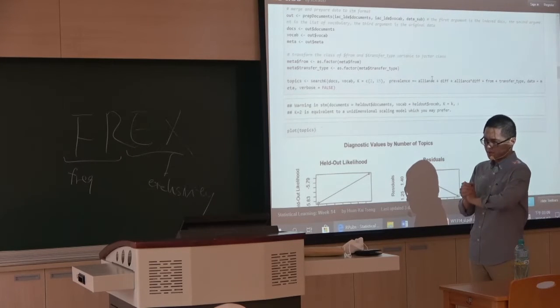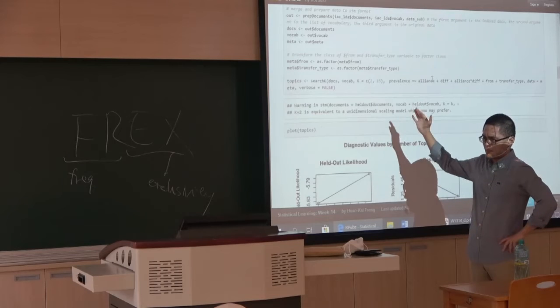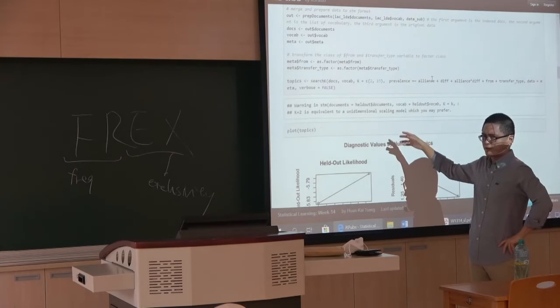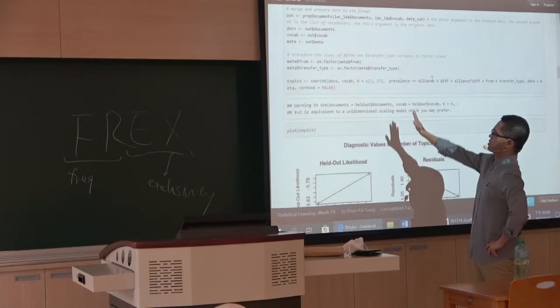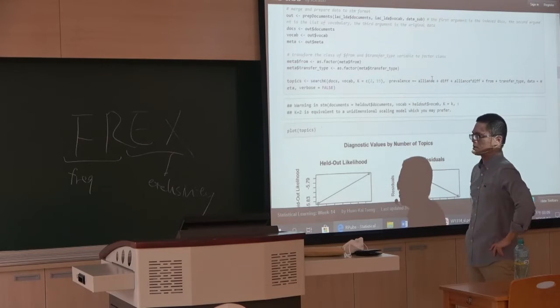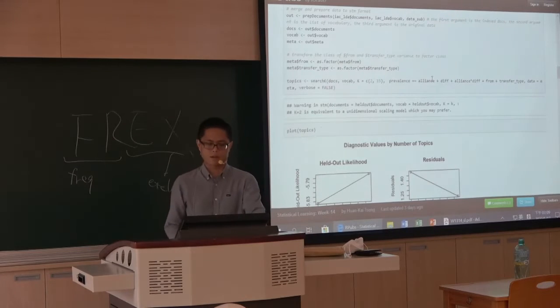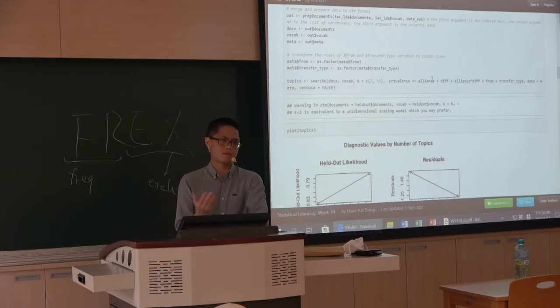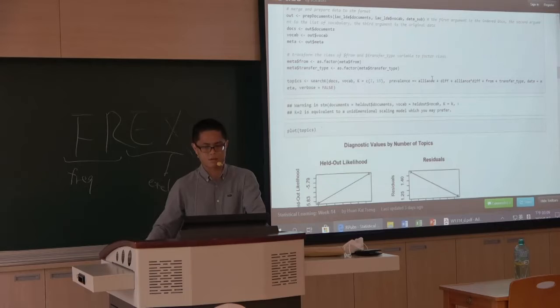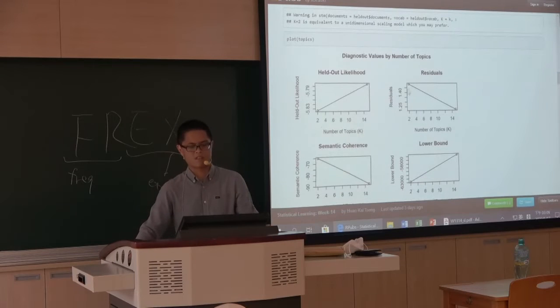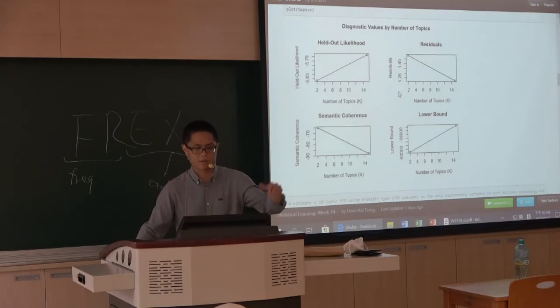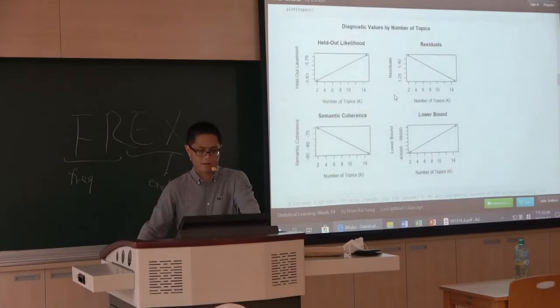Based on my experience, anything around 23 to 25 should work. You shouldn't run the searchK function for 2 to 100 topics. I think normally 2 to 23 or 25 should work. The algorithm will just stabilize, and then you can plot it out.